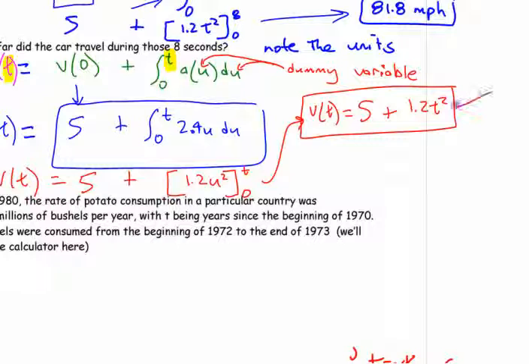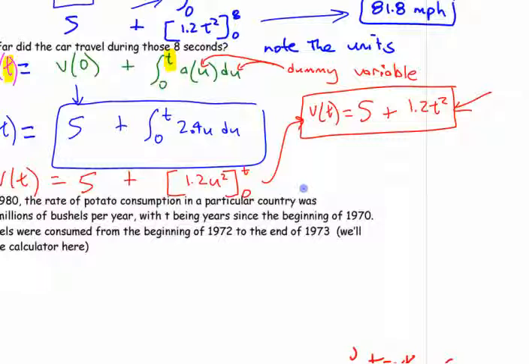Really, you should be getting it by writing an integral like that and saying it's where you were at 0 plus however much it changes from 0 up to time t. It is the integral there, 1.2 t squared, plus the initial, which is 5. That's the velocity function. It is still a function where the units are the way they were at the beginning.